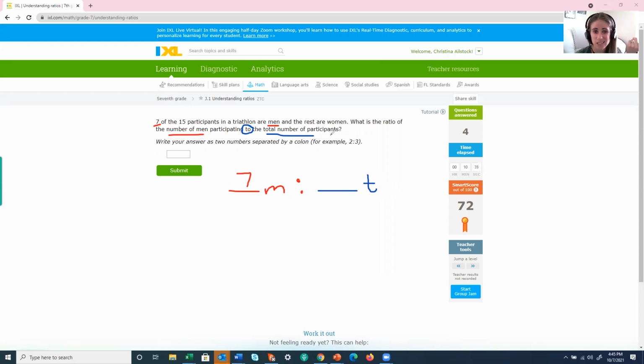Well, does it ask us to compare men to women? No, it's asking us to compare men to the total. And we know that there are 15 total participants. So our ratio is 7 to 15. Yes, when I wrote this, I put the labels on there to help make sure a mistake isn't made. But when we type our answer in, we don't have the labels. It is just 7:15. 7 men to 15 total participants.